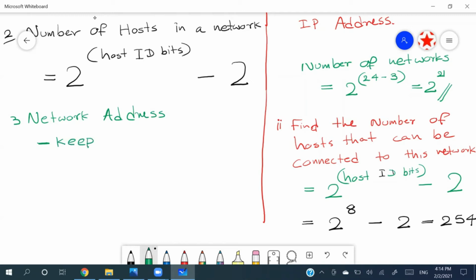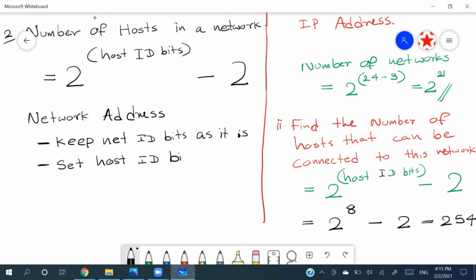Keep net id, it's better I say net id bits, as it is, set host id bits into zeros.